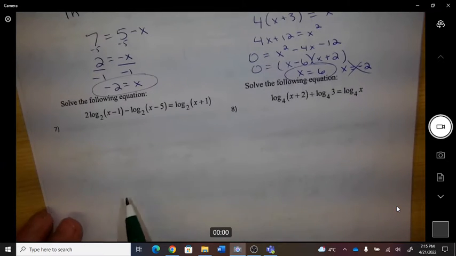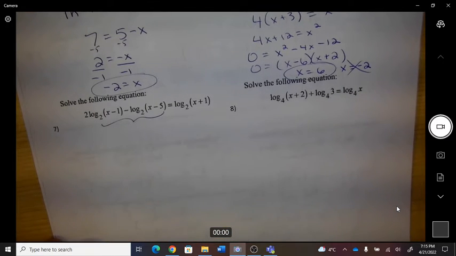Okay, so 7 and 8, you can do these 2 ways. You can collect, just separate both sides, or you can move everything to one side. So we'll do this way first.